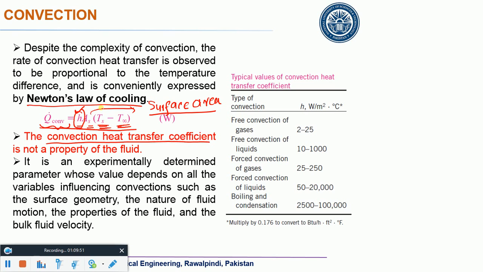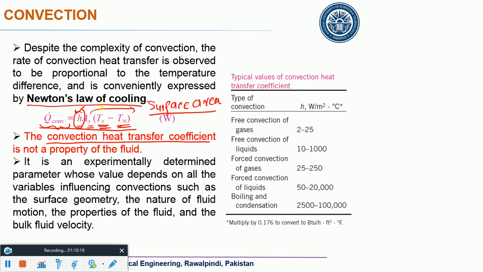Just like, for example, if you put a fan over there, your h would increase for the same kind of air. But if you remove the fan, you don't put it on, the h of the flow would be decreasing even if you have the same air. So you can say that h is not a fluid property, it is a flow property.